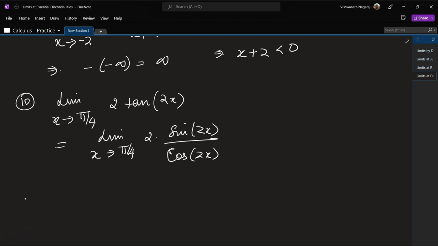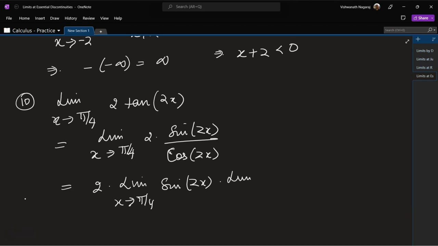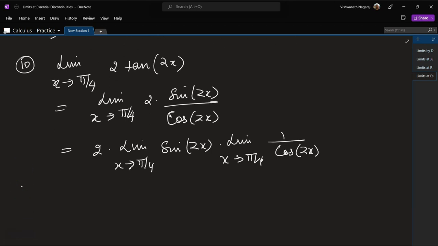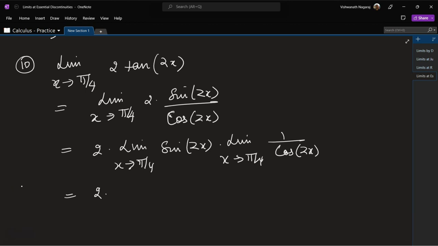So denominator can't be 0. So let's take 2 out. Limit as x approaches pi by 4 of sine 2x times limit as x approaches pi by 4 of 1 by cos 2x. Okay. Now 2 times pi by 4 is pi by 2. So sine pi by 2 is 1. Now here in the denominator it becomes 0.